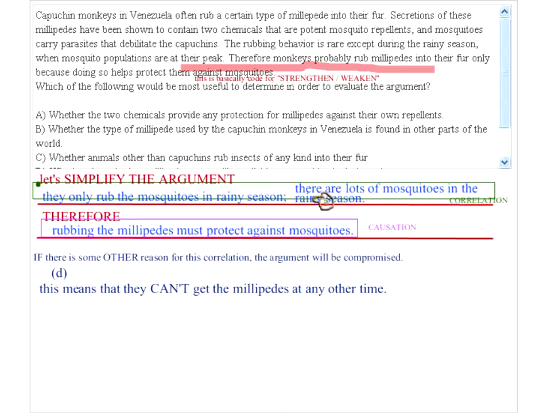Because look at the simplified argument. We have a connection between they only rub the millipedes in the rainy season, and we're attributing that to the mosquitoes. But if this is true, then that doesn't have to be the case anymore. If this is true, then the rubbing probably doesn't have anything to do with mosquitoes anymore.